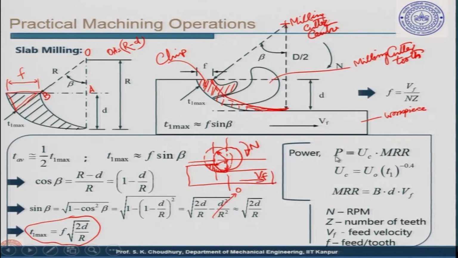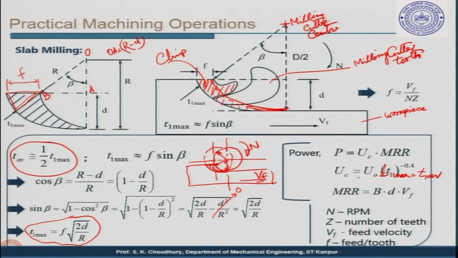To find out the power, we have to find out the specific energy, and for specific energy it is the t1 which is important, and t1 in this case, as I said, has to be half of the t1 maximum, which is the t1 average. This is what we said, okay.